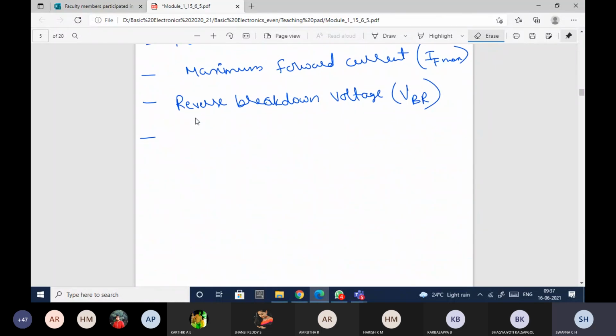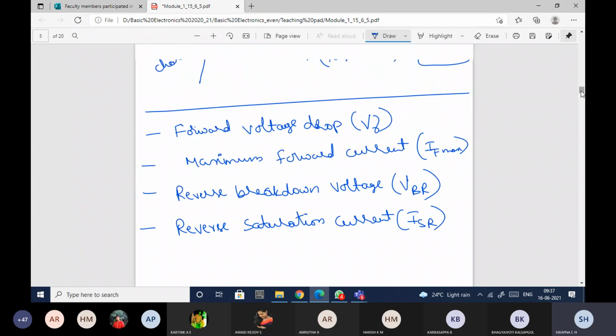Then the other parameter is reverse saturation current. Reverse saturation current is nothing but the maximum current that can flow through the diode when it is reverse biased.